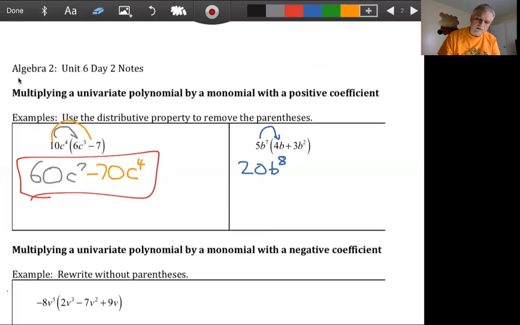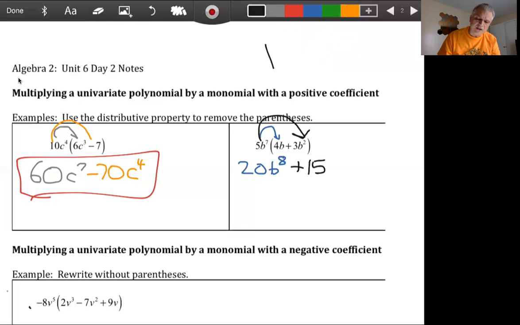All right. We have another term that we need to multiply the 5b to the 7th by. So 5b to the 7th times 3b squared, or 3b to the 2nd power. We take the 5 and multiply it by the 3. It's a plus 3, and it's a positive 5, so positive 5 times plus 3 is plus 15.